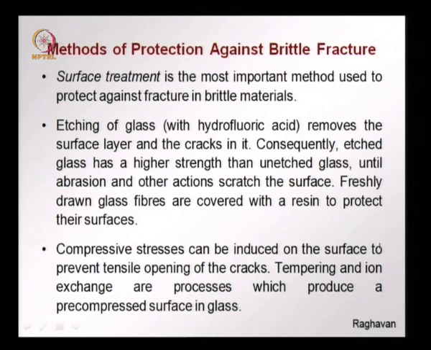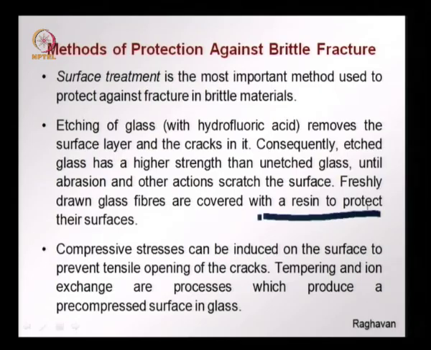One is etching, say with hydrofluoric acid, where the surface layer is removed along with the cracks that occur in it. Consequently, the etched glass, since it does not have any defects on the surface, has a higher strength than the unetched glass until some abrasion or scratches occur, and this can be prevented by covering the surface with a resin.